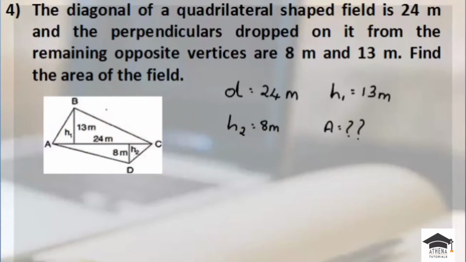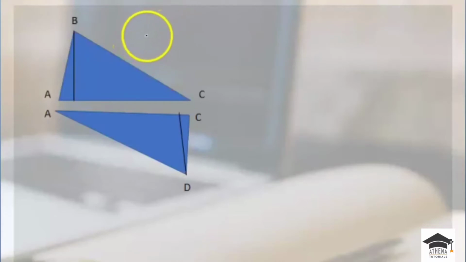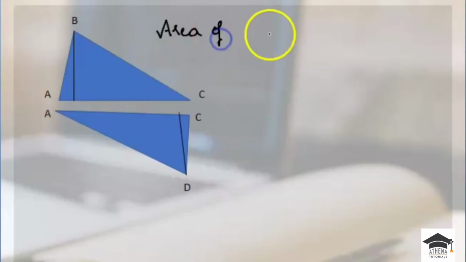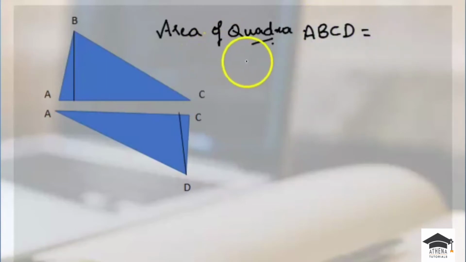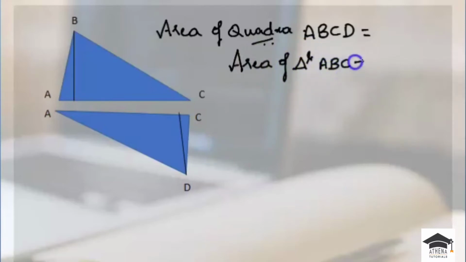Okay, I'll write it here in the next slide. Area of quadrilateral ABCD will be equal to area of this triangle plus area of this triangle, that is, area of triangle ABC plus area of triangle ACD.